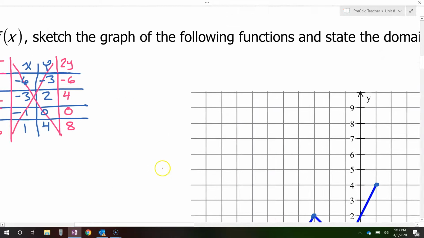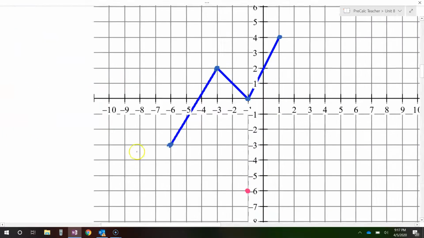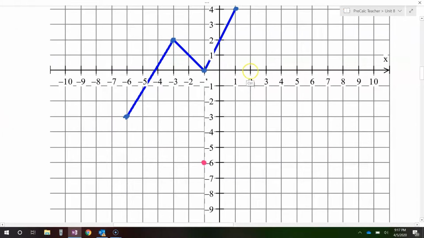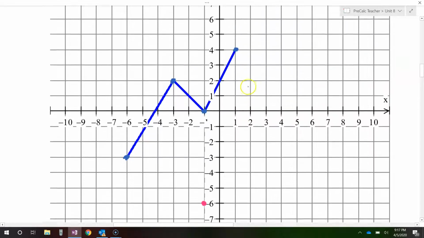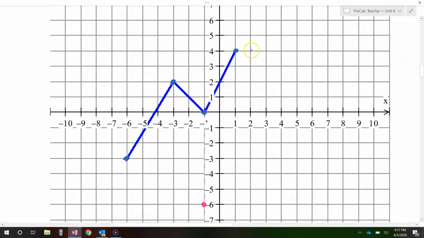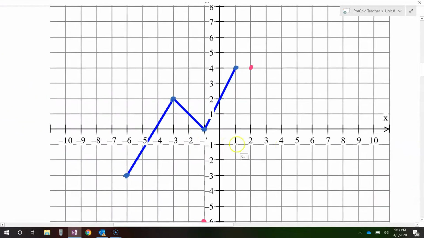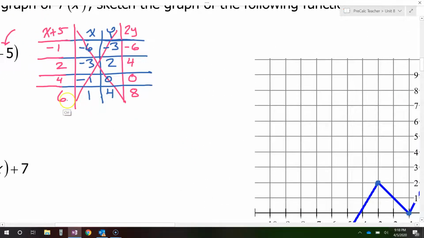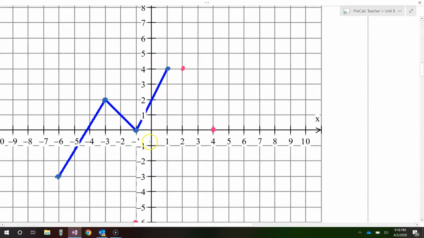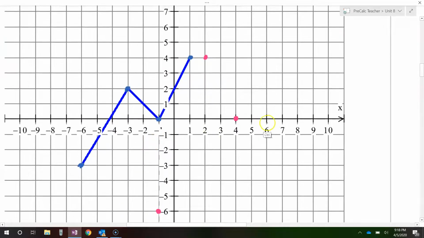And then our second point is at 2, 4. Next we have 4, 0, which is right here. And finally 6, 8, which is right here.